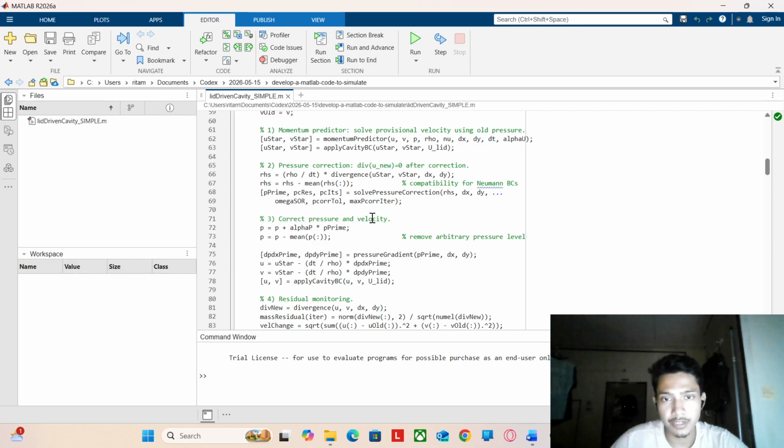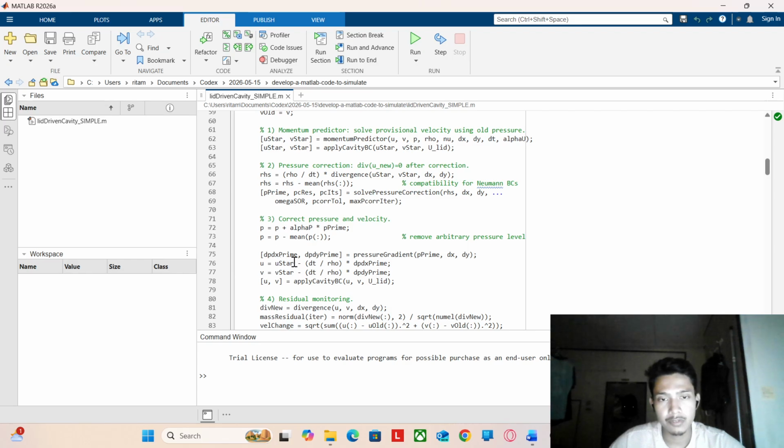Then correct pressure and velocity. P equal to P plus alpha P star prime, P prime. This updates the pressure field. P equal to P minus mean P. dp dx prime equal to pressure gradient P prime, dx, dy.